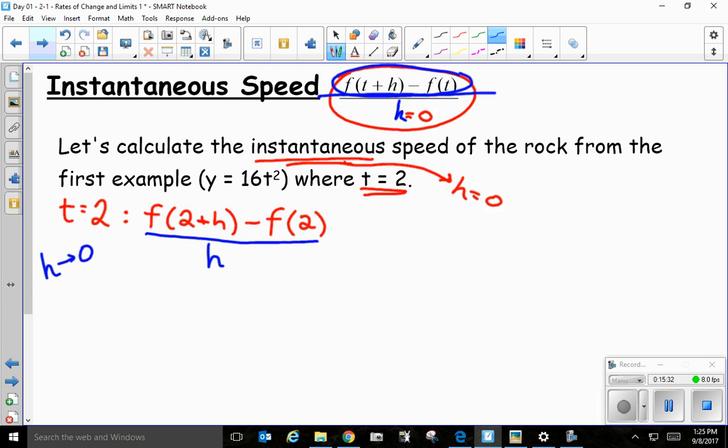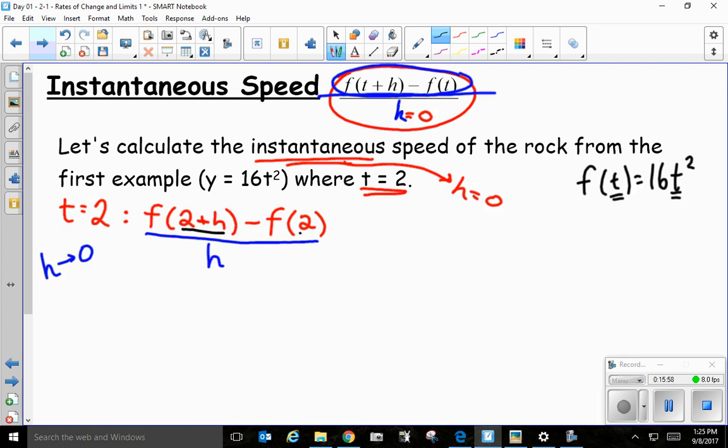So let's manipulate this. What is my function? What equation do they give me? Y equals 16t squared. That's the same thing as saying f of t equals 16t squared, isn't it? So I'm going to take 2 plus h and put it in for t for the first term.